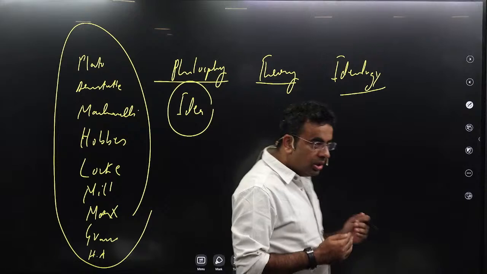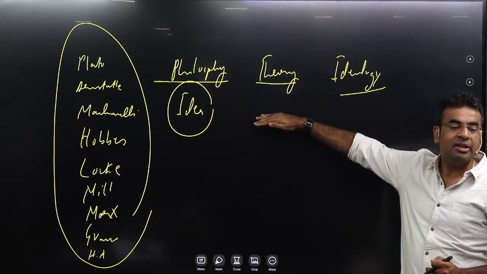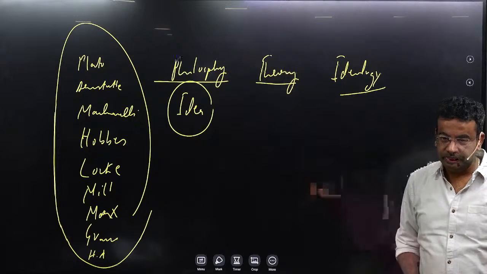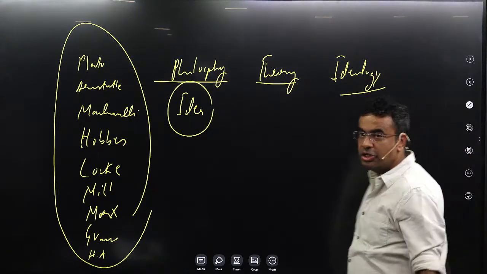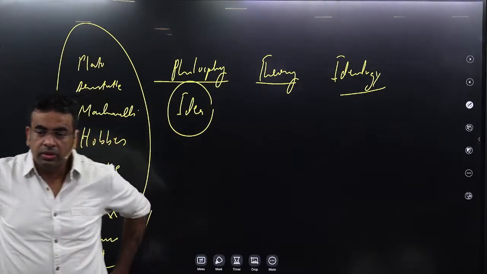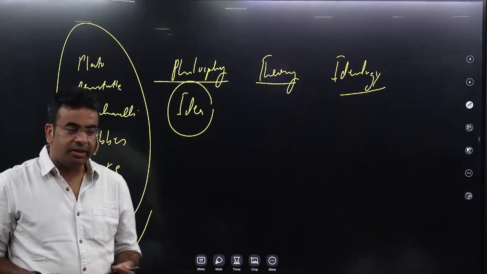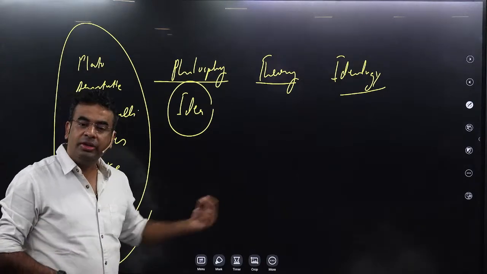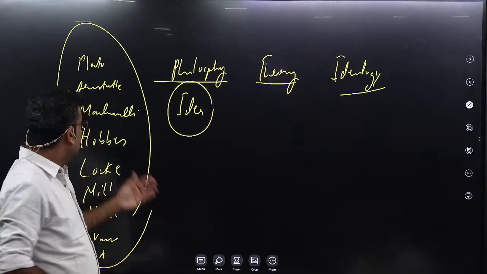Now, once you explain your idea, write here: systematic explanation of an idea is theory. Like Marx has given the theory of communism, Hobbes has given the theory of absolute state.